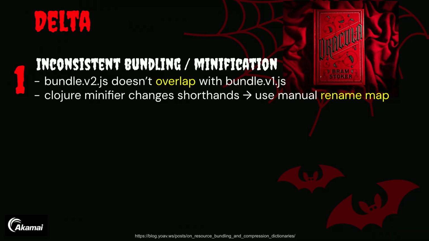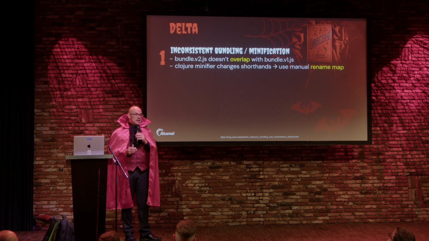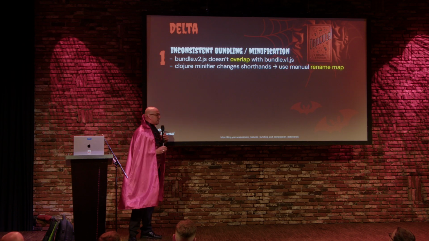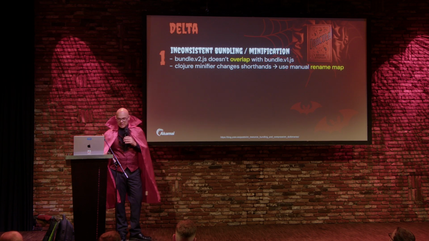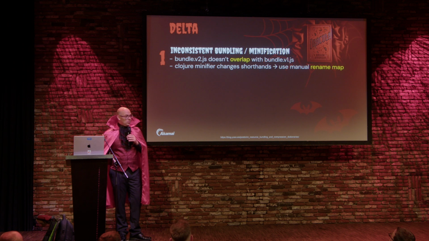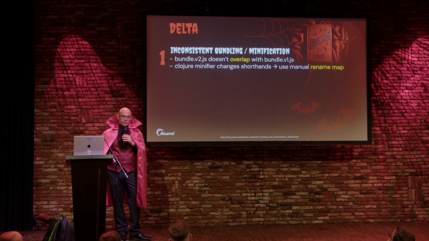For example, for the delta compression, a lot of JavaScript bundlers are not deterministic. It's not that you will always get the same input files bundled into the same output bundle. Okay? And even if you have that, we found out that other tools, like minifiers, are also not always stable or deterministic.